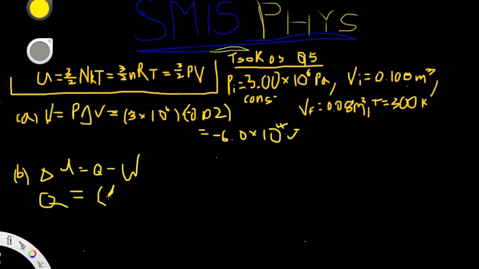Now we'll utilize the above equation and put delta in front of PV. So delta PV plus work, which is this.